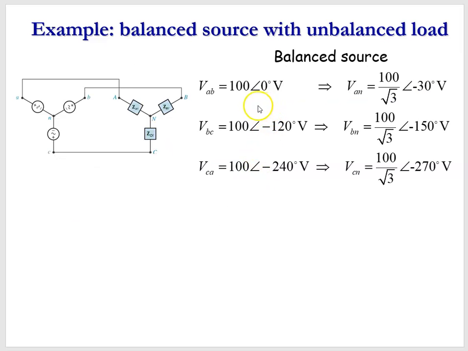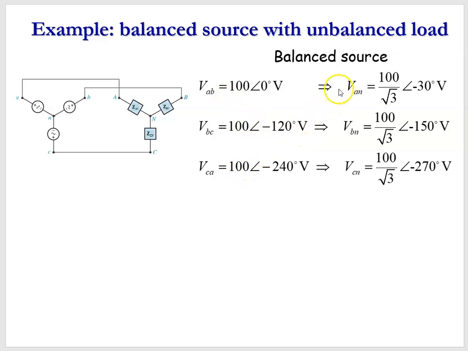First of all, since the source is still balanced, our line voltages are still, we're going to assume positive phase sequence. I don't recall if it said that, but in positive phase sequence, our VBC will lag VAB by 120 degrees, and our VCA will lag VAB by 240 degrees. So we still have the same relationship with the line voltages.